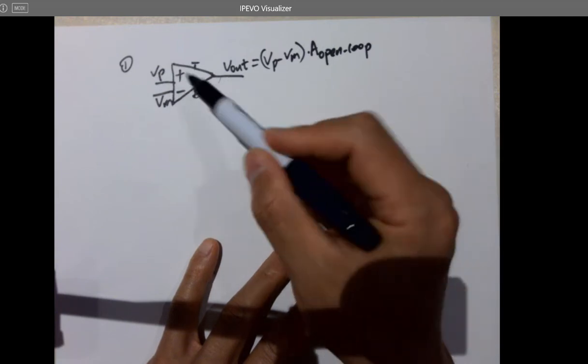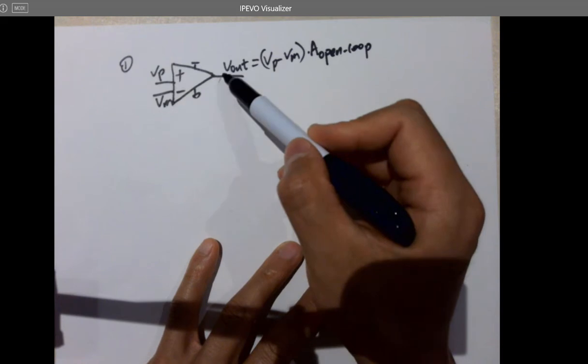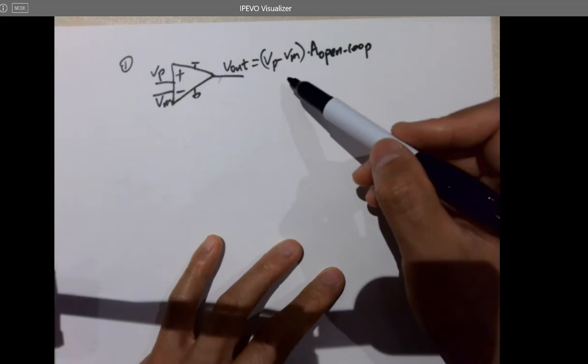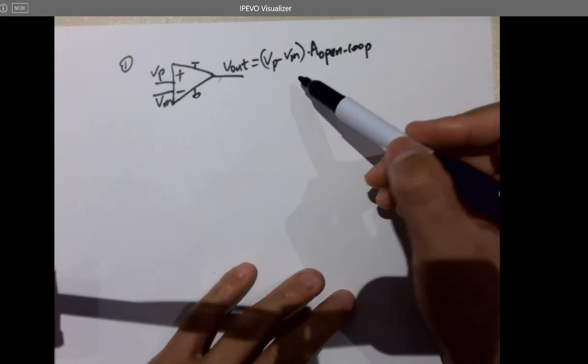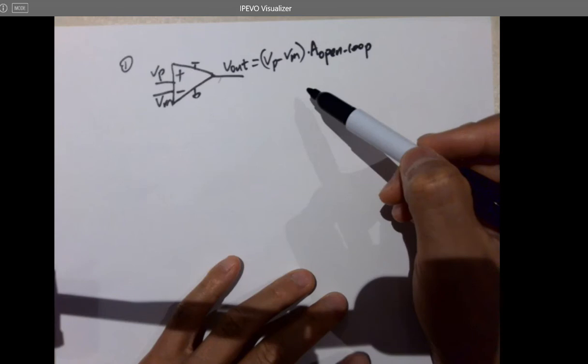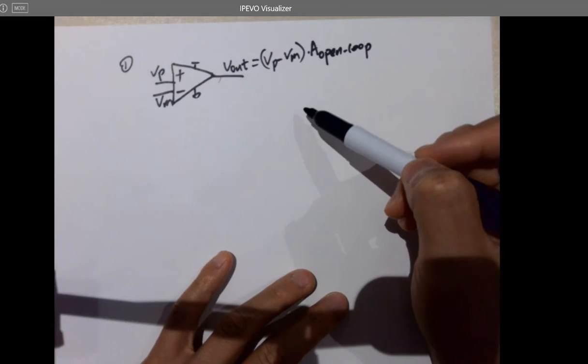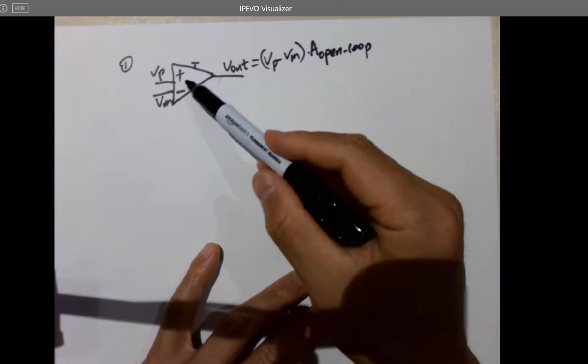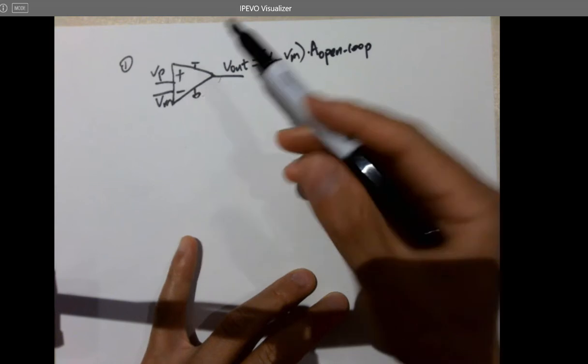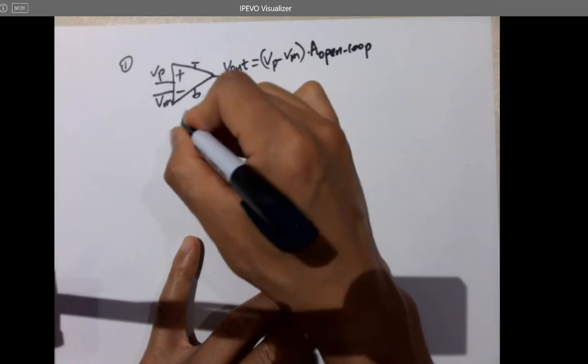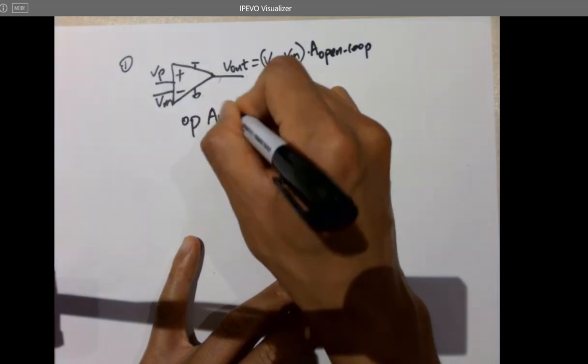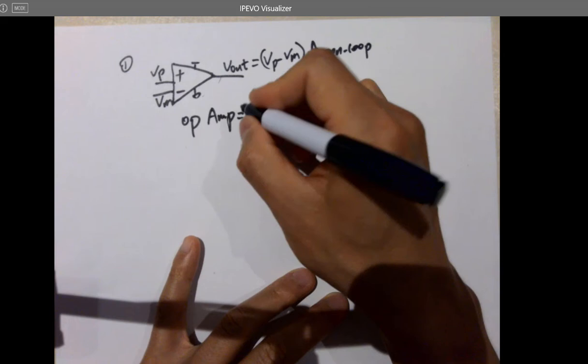It's going to amplify the difference between these two terminals. And keep in mind, it's always VP minus VM times the gain, not VM minus VP. P is called the non-inverting terminal of the OpAmp. OpAmp means operational amplifier.